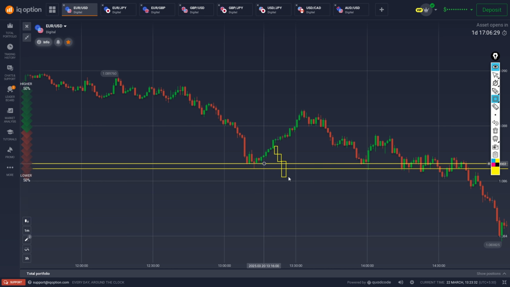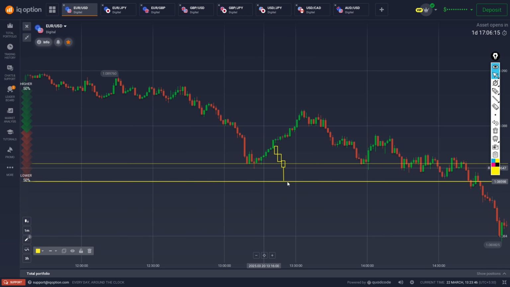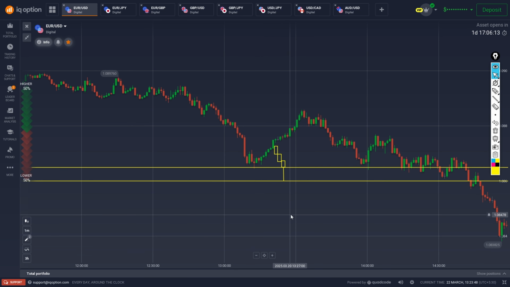In this case, there is a clear breakout, but if this candle doesn't close like this, if the candle closes like here, and then you have a wick rejection, what will you do? You will simply use the wick and the body, and then this is your newly updated support zone.